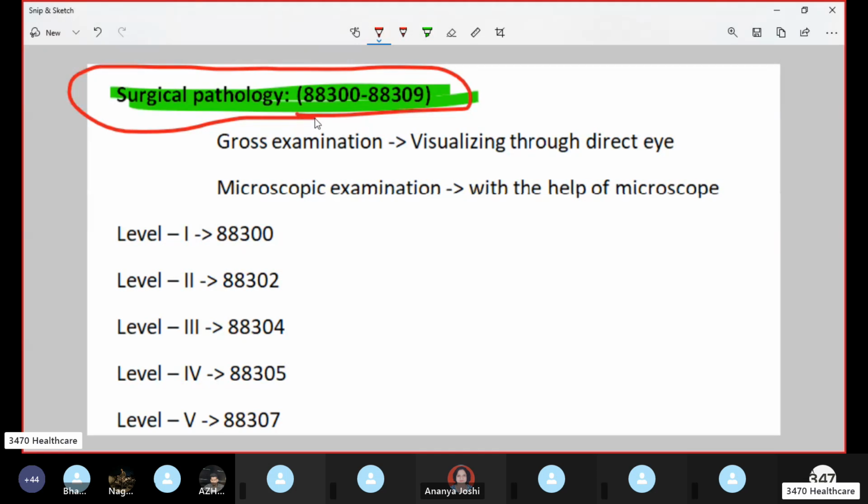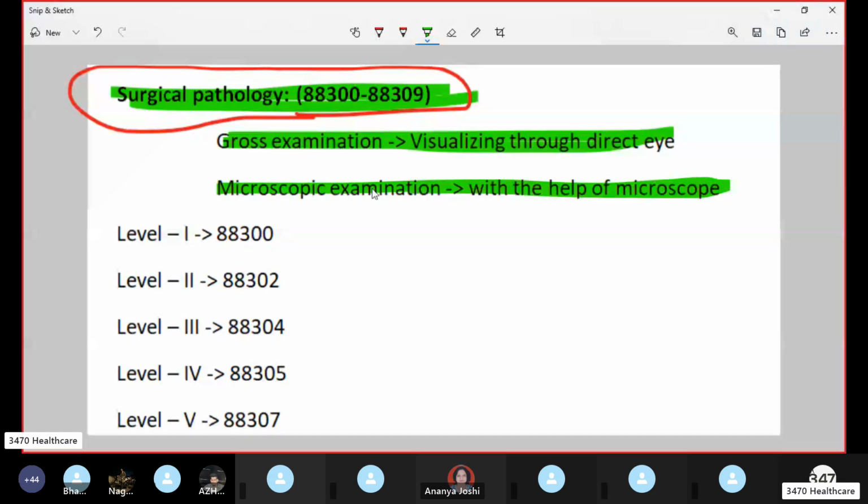Seeing through the eye and giving the result is for gross examination only. Seeing through the eye and looking in the microscope is for gross and microscope. Only gross means only one code. The first code is only gross, level 1, 88300.